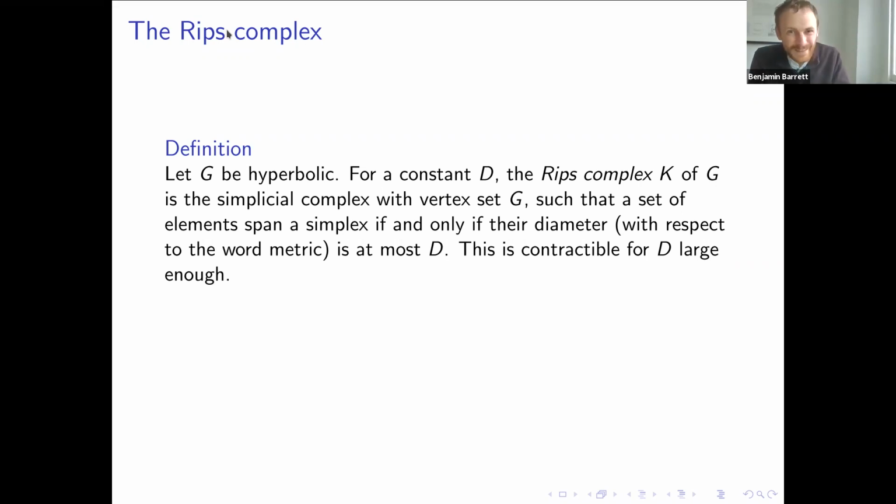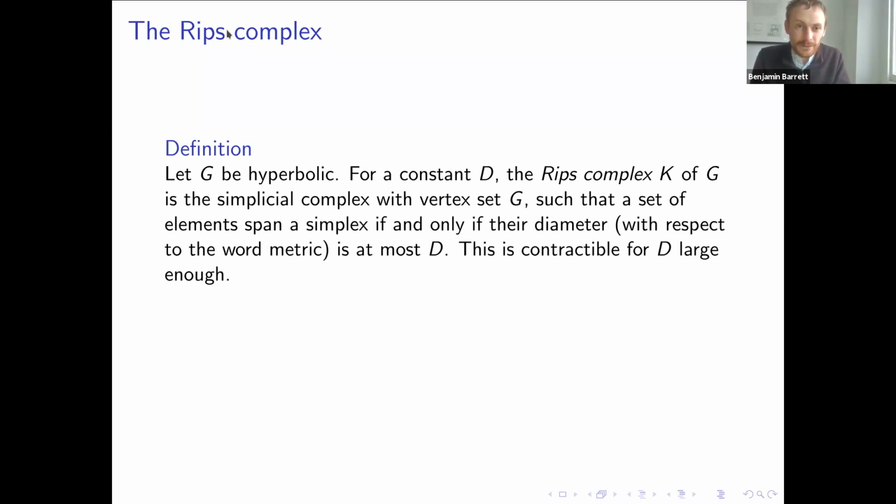This is a bit like the Cayley graph. If d was 1 and we just looked at the one skeleton, you immediately get the Cayley graph. But in general, this is a simplicial complex you can build for any group, and it's a nice space for the group to act on.